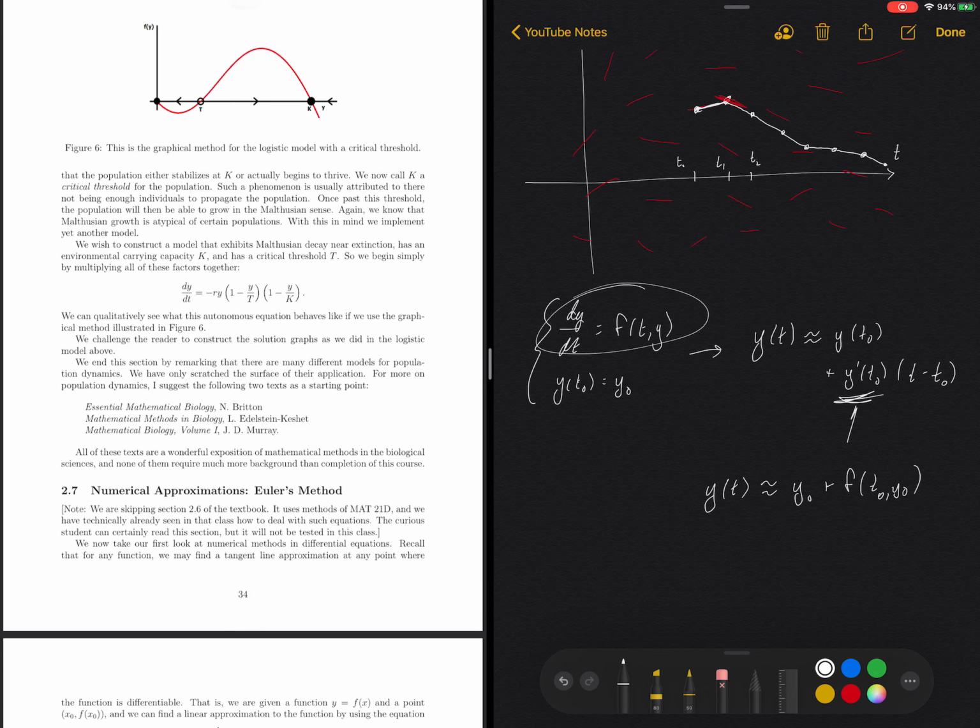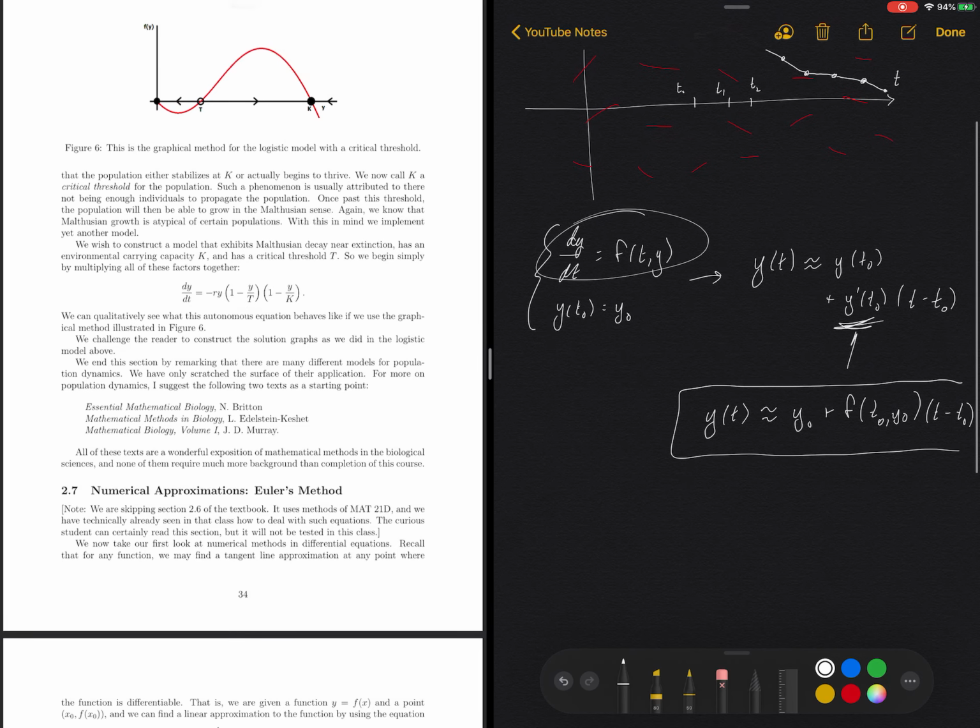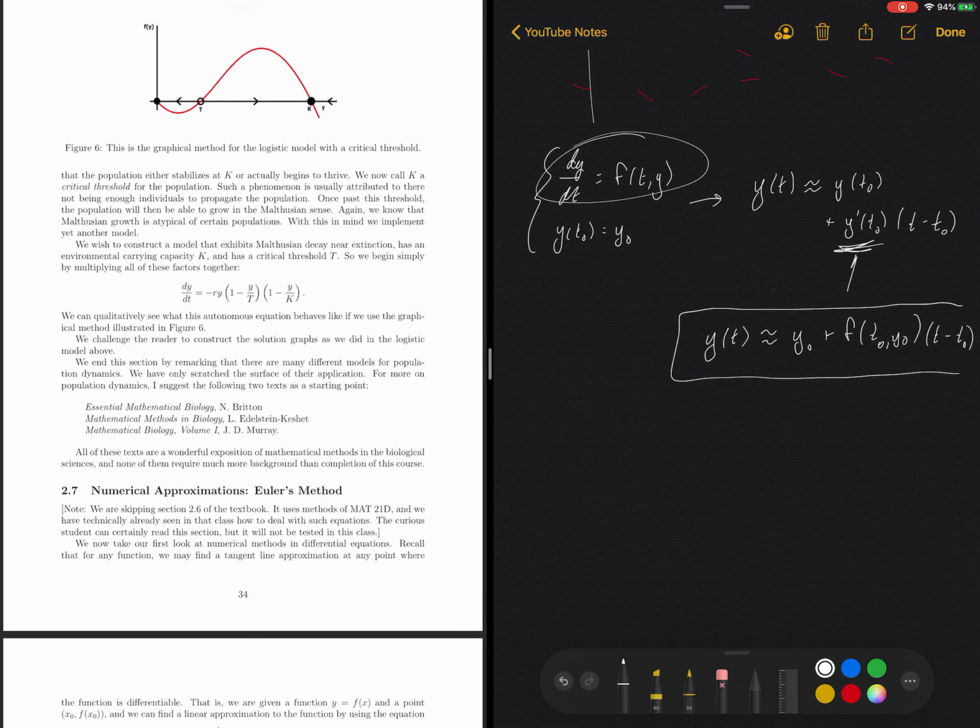That's my initial condition, so y0 plus f of t, arbitrary t, this is specifically at the initial condition, times t minus t0. And this is what the tangent line to my solution has to look like at my initial condition.